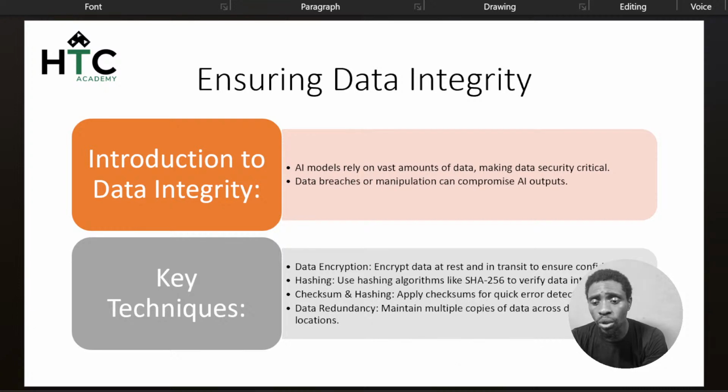Another technique you can use to ensure that data has integrity is the concept of hashing. Hashing is a one-way process whereby you use an algorithm called a hashing algorithm to verify the integrity of data.